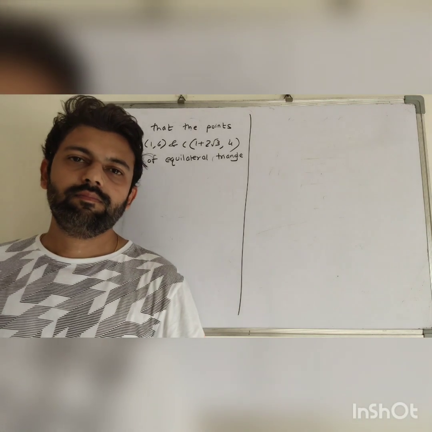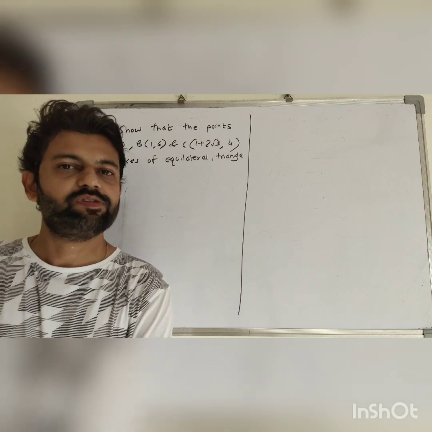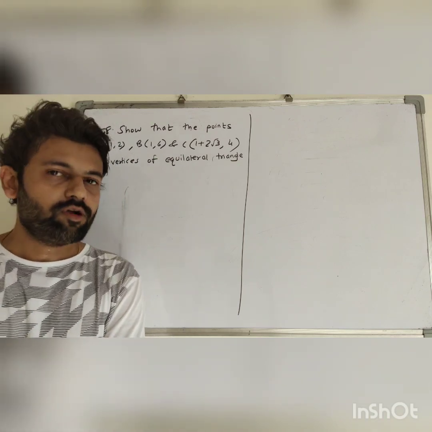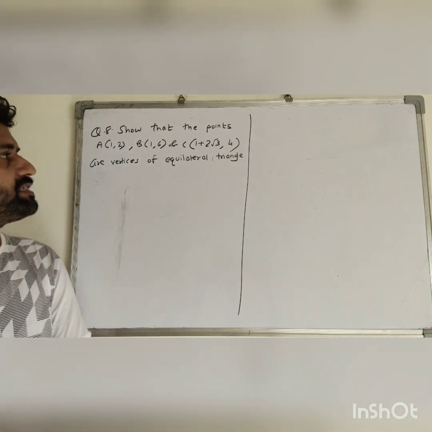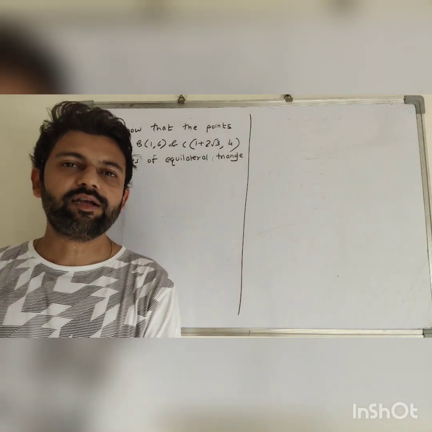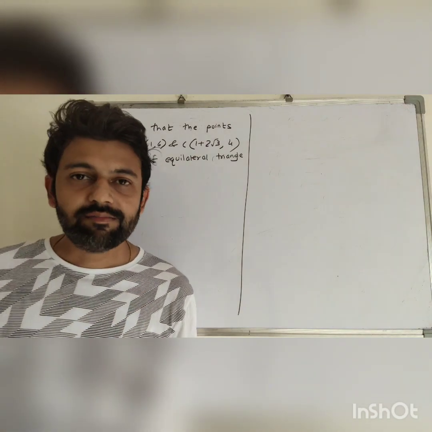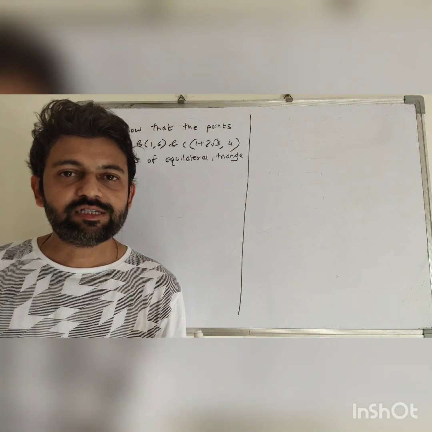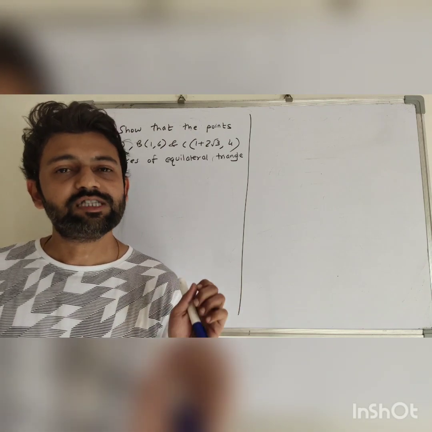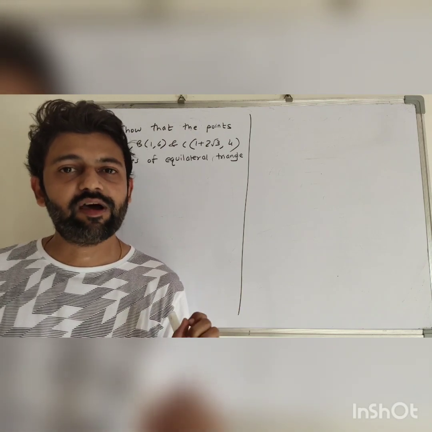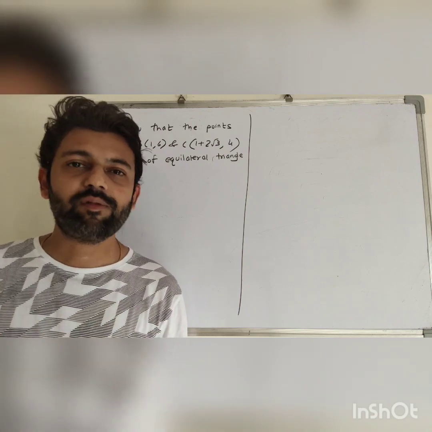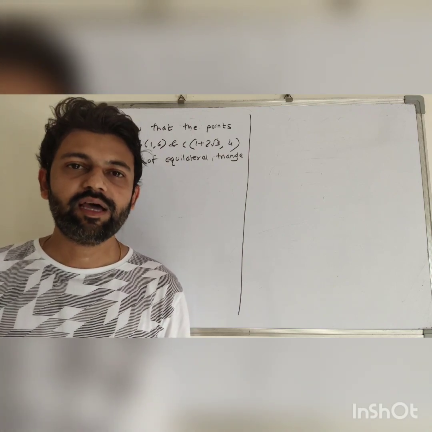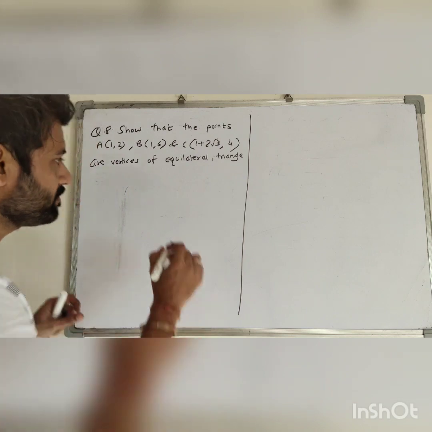The eighth sum of the first exercise from chapter 5 wants us to show that the points A, B, C are the vertices of an equilateral triangle. Very simple. Since the question belongs to exercise 5.1, and 5.1 is dedicated to distance formula, and we know that distance formula is used between 2 points, let us start.